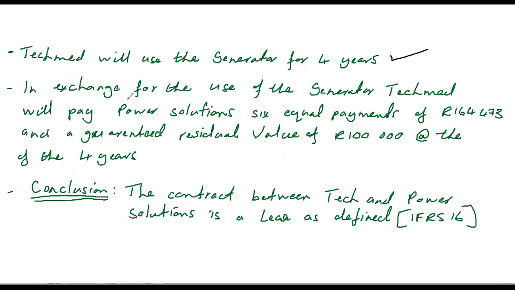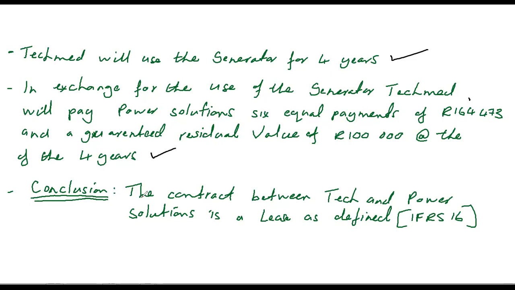And then in exchange for the use of the generator, now you are stating the consideration. TechMate will pay Power Solutions 6 equal payments of that much, which I showed you there, and a guaranteed residual value of 100,000 at the end of the 4 years. Okay, you get a mark.